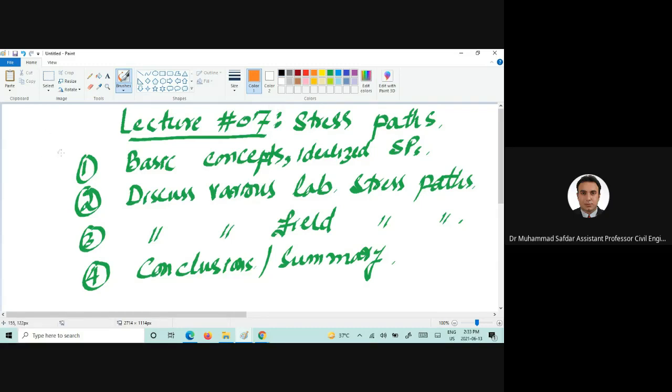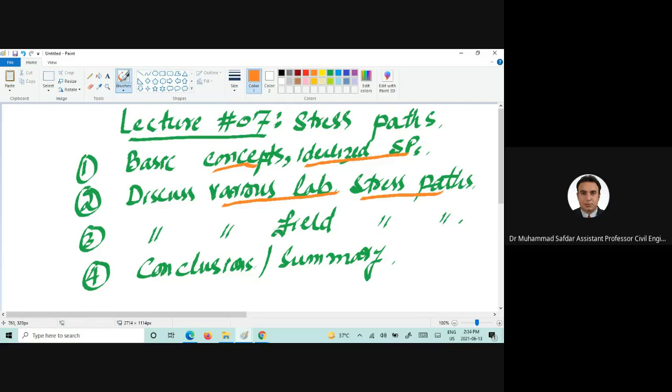So first we will study the basic concepts, and we will also discuss idealized stress paths. Then we will move towards discussing various laboratory stress paths which we can obtain from various lab tests.